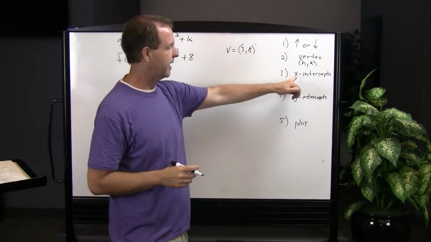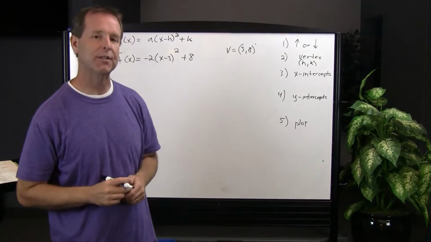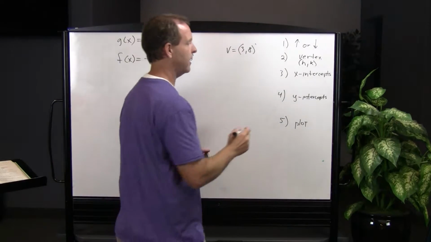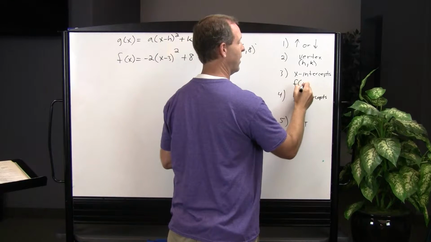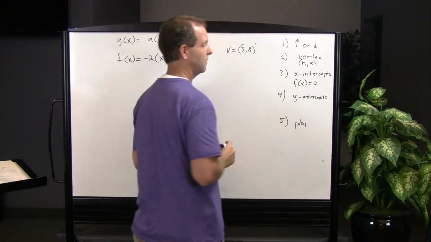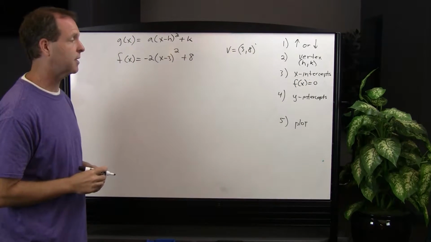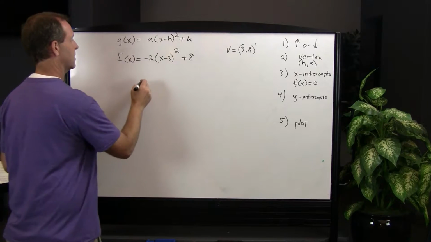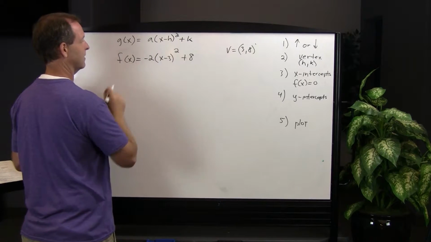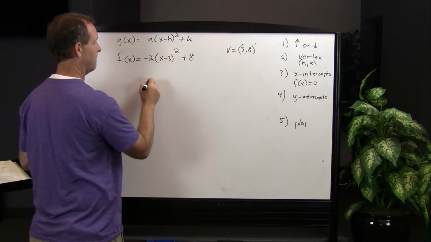The next thing I want to look at is determine if there's any x-intercepts involved. And we look at x-intercepts by evaluating the function, or setting the function equal to 0 and solving. So let's take the function f of x, set it equal to 0.